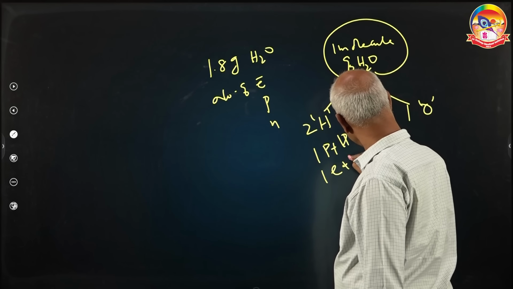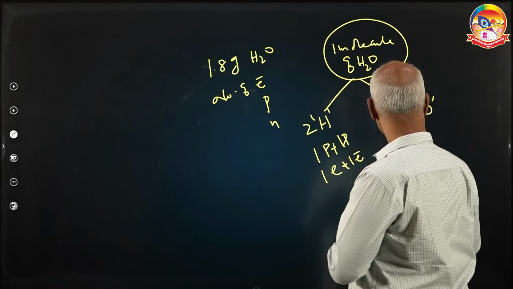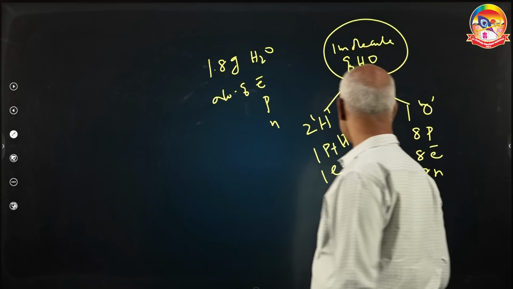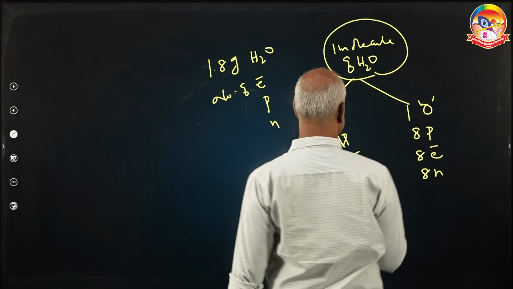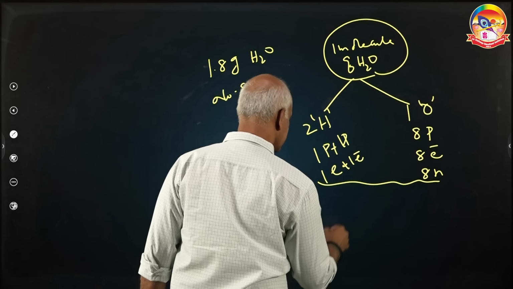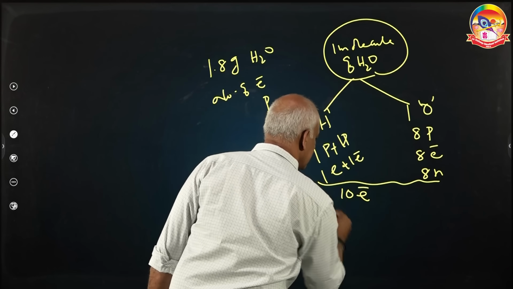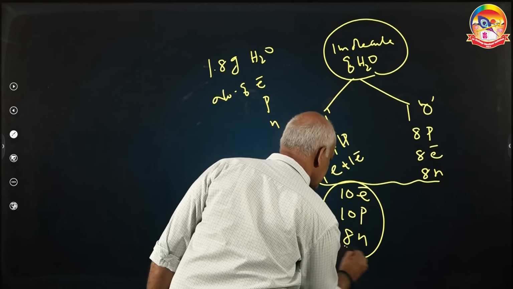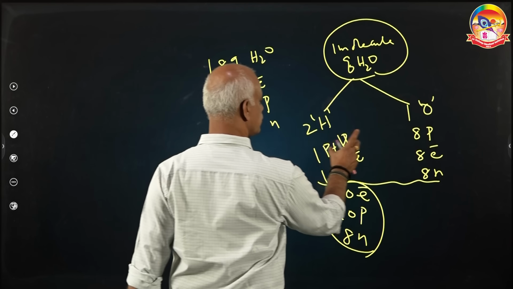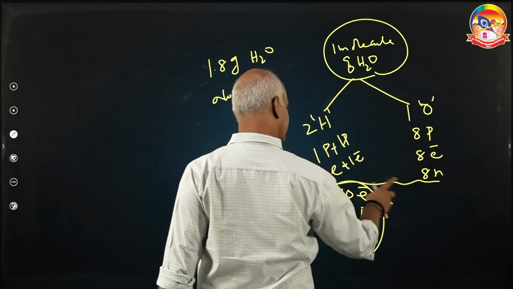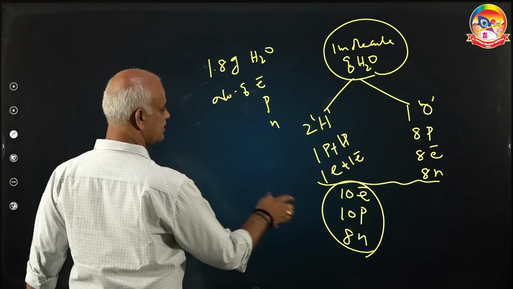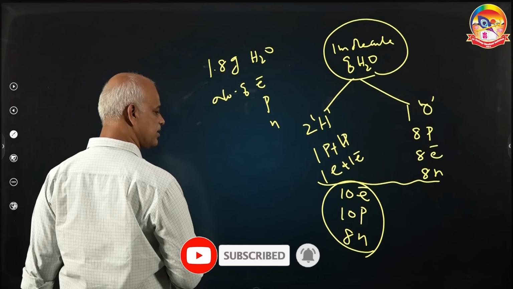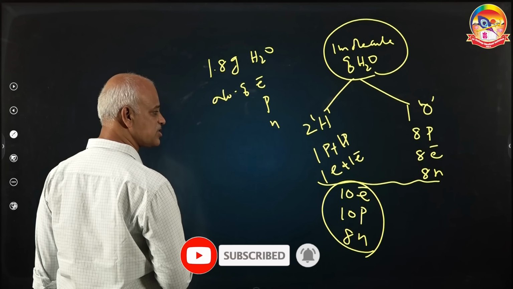Oxygen has 8 protons, 8 electrons, 8 neutrons. Thus, a total of 10 electrons, 10 protons, 8 neutrons are there per molecule. 10 electrons in one molecule of water, 10 protons in one molecule of water, only 8 neutrons because hydrogen does not contain neutrons.